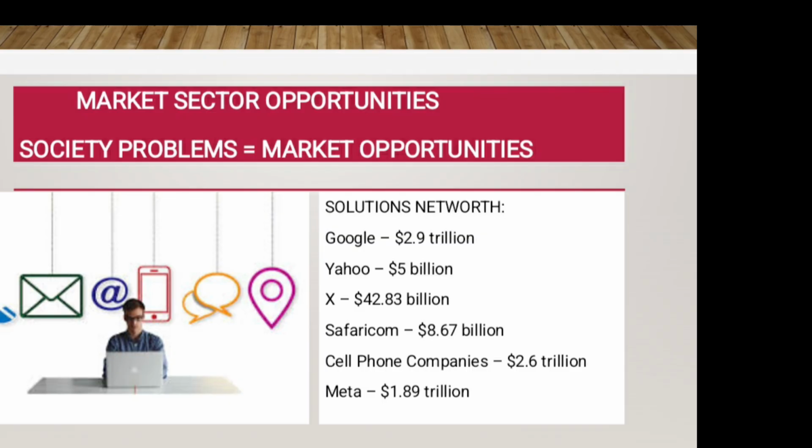Now, these companies, when they were innovated or when they landed in the marketplace, they solved society's problem of communication. They made easy the way people communicated at social level, at business level, at whichever level, informal, formal levels. They made communication easy.